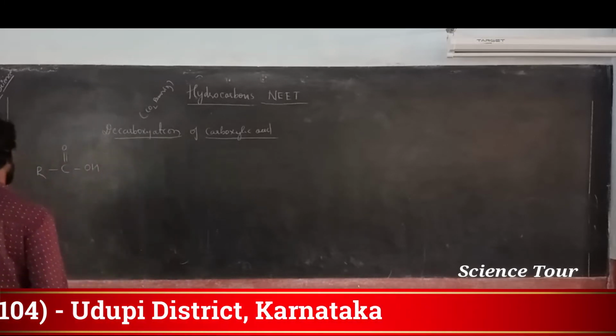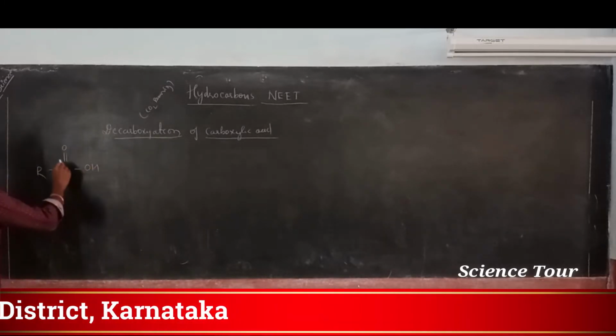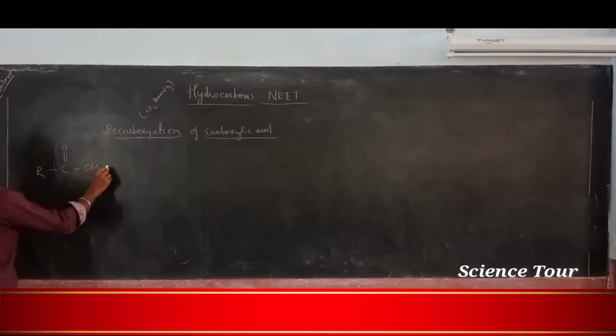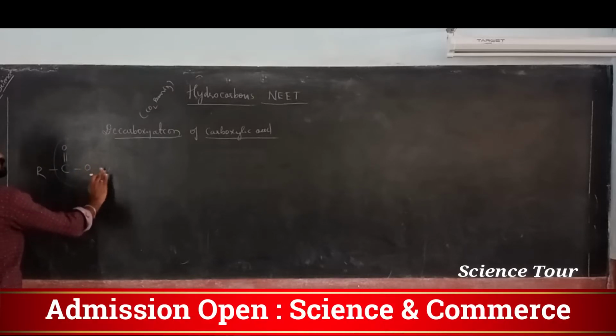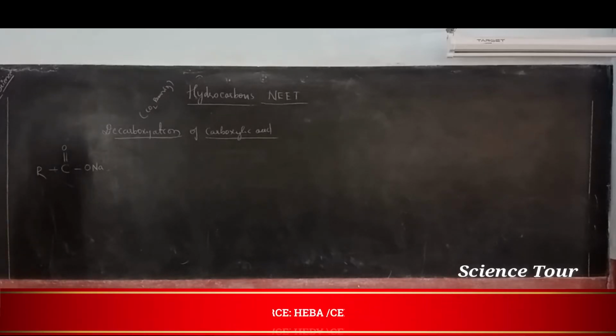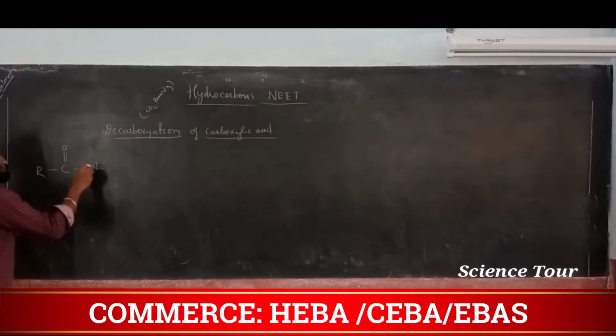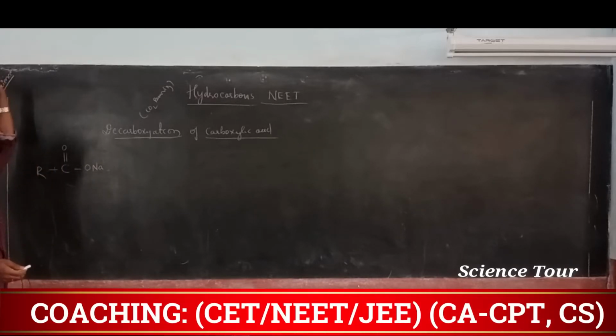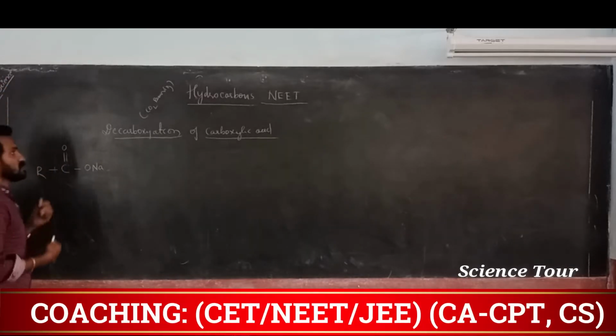Imagine this is the acid group. In this acid group, H is removed, my dear students, and H is replaced by sodium. Then it gives the sodium salt of carboxylic acid. It is called the sodium salt of carboxylic acid because here H is replaced by sodium.